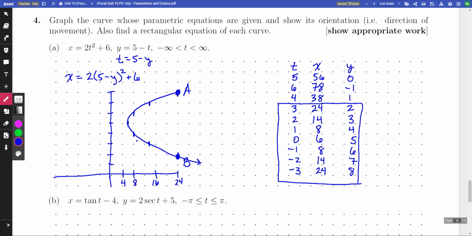I know the direction of travel and that I am coming from the negative infinity values of t and then going around through point A and continuing to go around through point B. But I have those going on infinitely. So there is my graph of a curve with the given orientation.